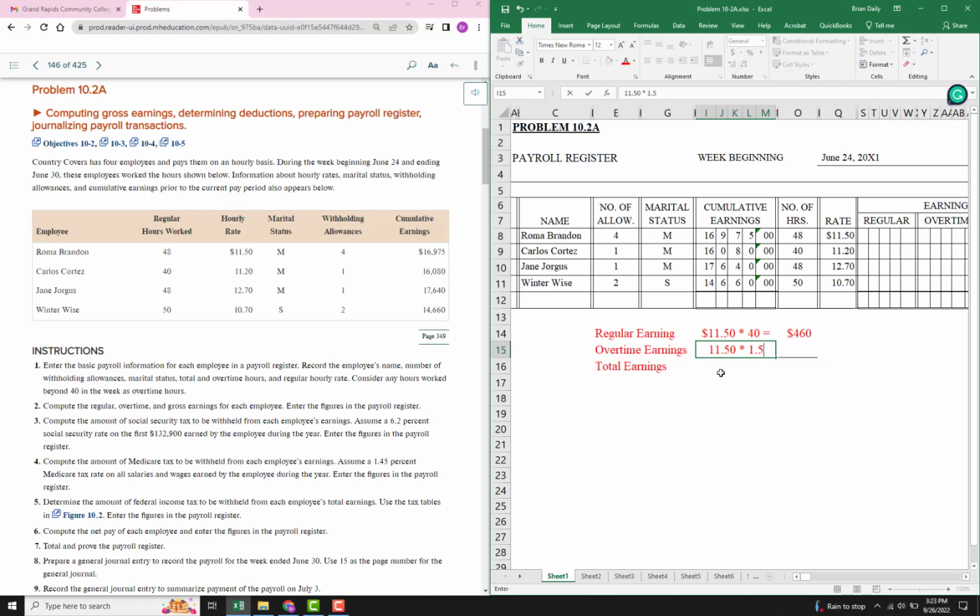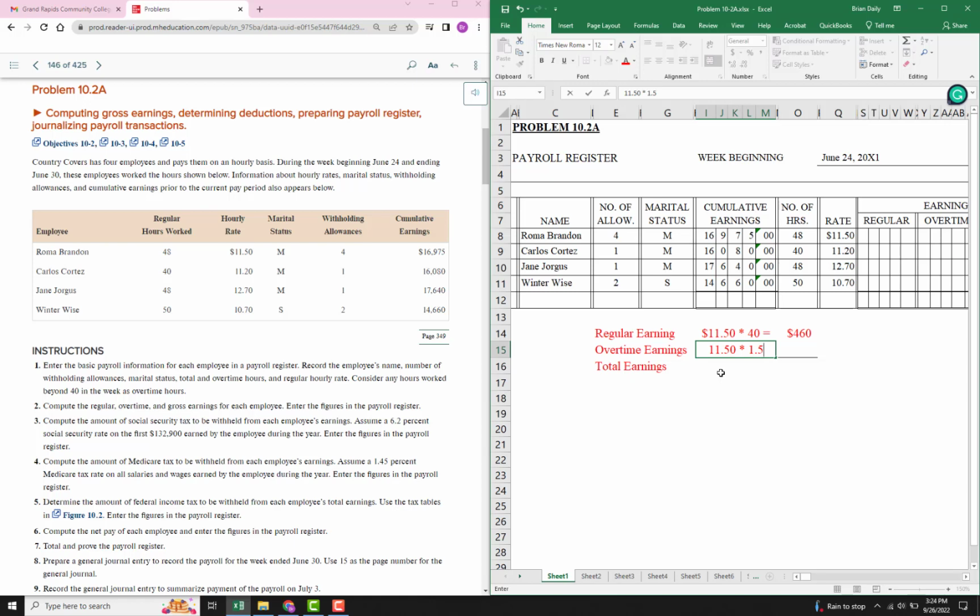That's what we're always going to assume in this class, that the overtime rate is paid at time and a half the regular rate. That standard comes from a law called the Fair Labor Standards Act of 1938. That law only applies to firms engaged directly or indirectly in interstate commerce, so it doesn't necessarily apply to all businesses, but time and a half is a pretty common practice for overtime, and that's what we are always going to assume in this class.